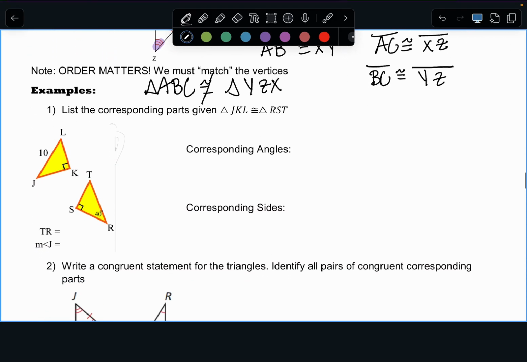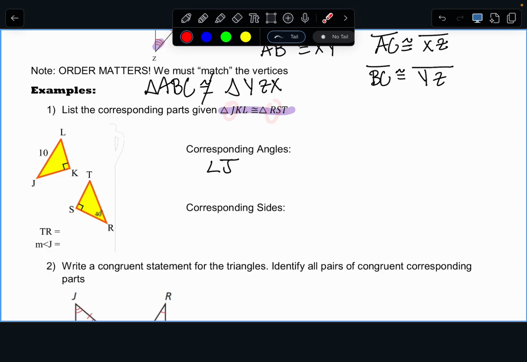Okay, that felt real good. Let's do another one. Okay, it tells us that JKL is congruent to RST. So if I look at angle J, J is the first thing listed here. What else is the first thing listed on the other side?